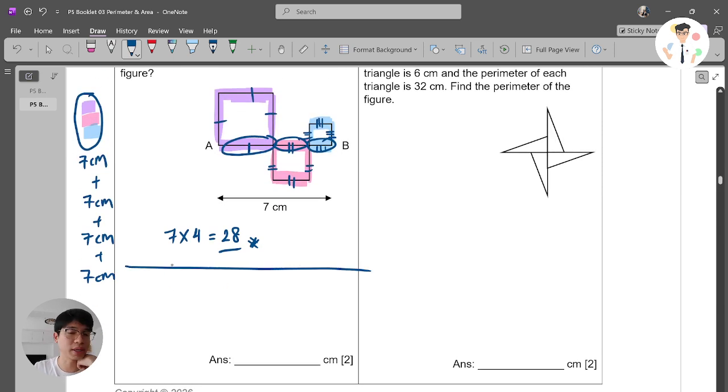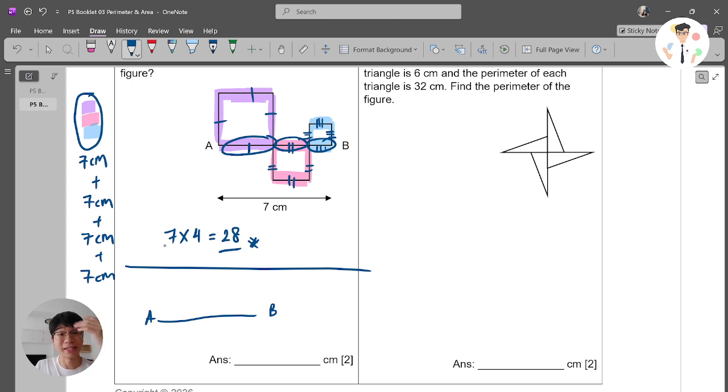But if I were to make it a slightly different concept, for example, a similar question but with different figures. For example, I have A to B, 7 cm. Then I actually give you a triangle.